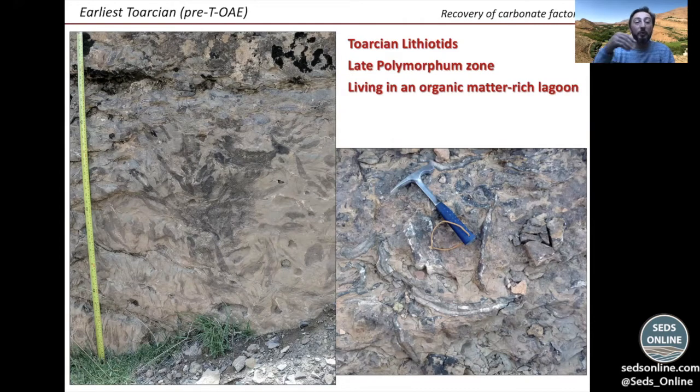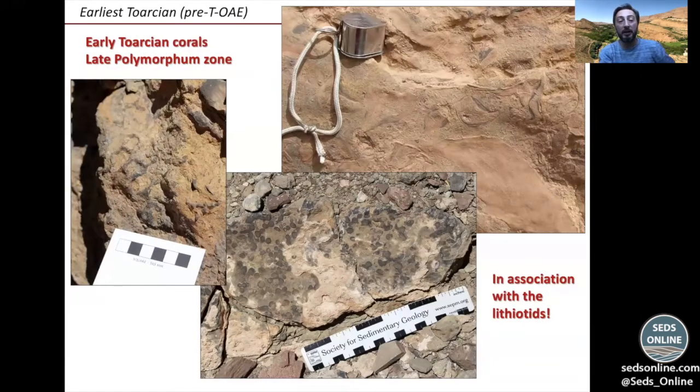So that questions a bit our understanding of what lithiotids really were during the Pliensbachian, if they were really in symbiosis with photosynthetic organisms. And we also have corals that are living together with the lithiotids. And you're looking at something very rare, actually. You're looking at early Toarcian corals that before that have never been described.